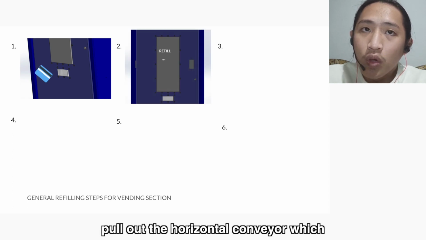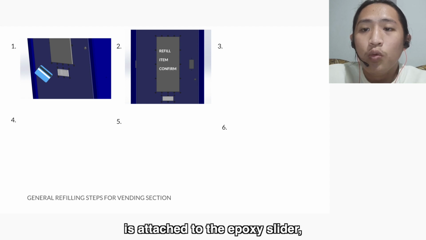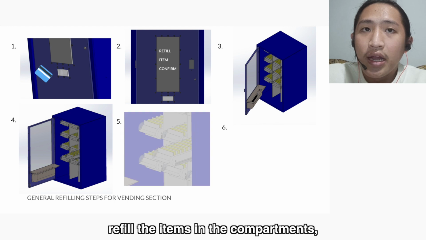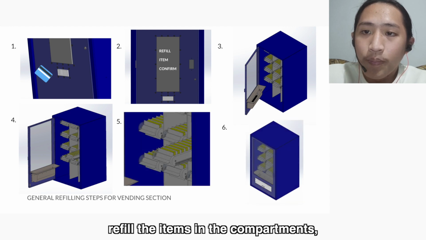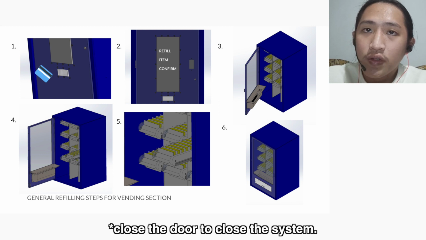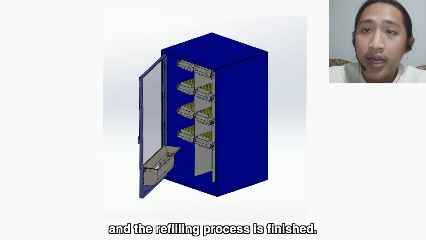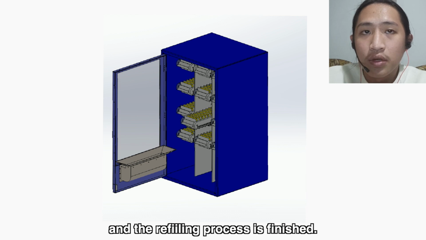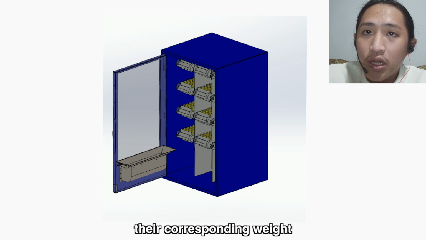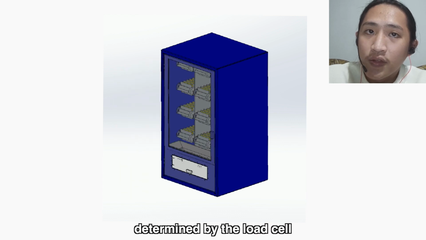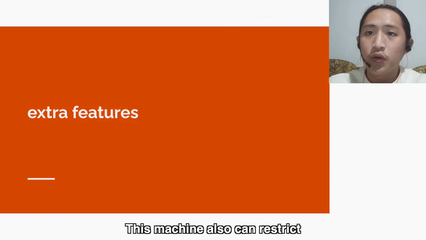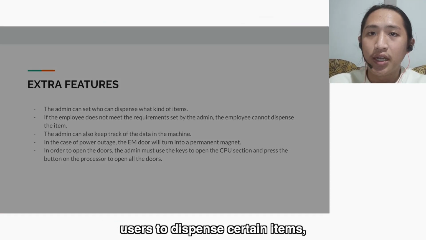And we just need to pull out the horizontal conveyor, which is attached to the epoxy slider, and after that just refill the items into the compartments and push back the horizontal conveyor to close the system, and the refilling process is finished. The number of items will be detected by the corresponding weight determined by the load cell attached in the horizontal conveyor. This machine also can restrict users to dispense certain items.